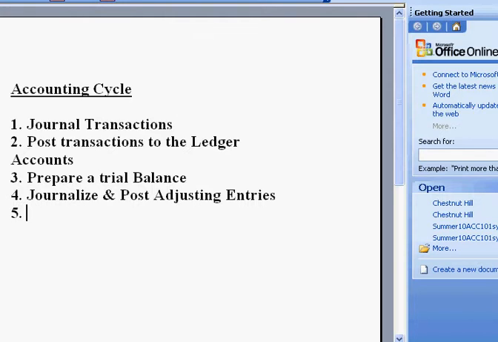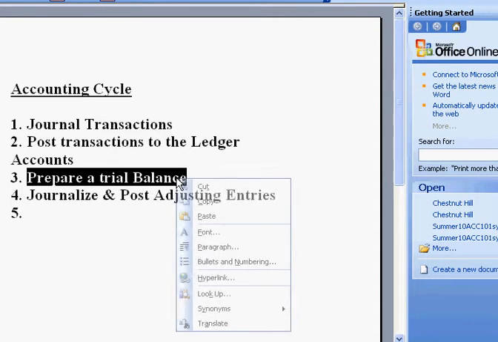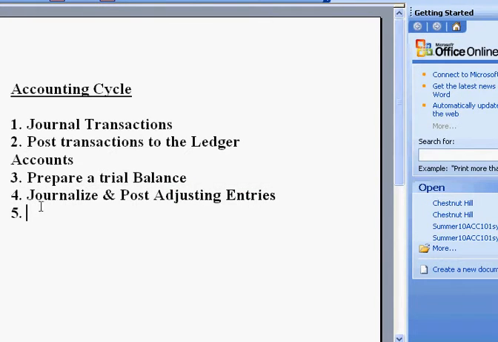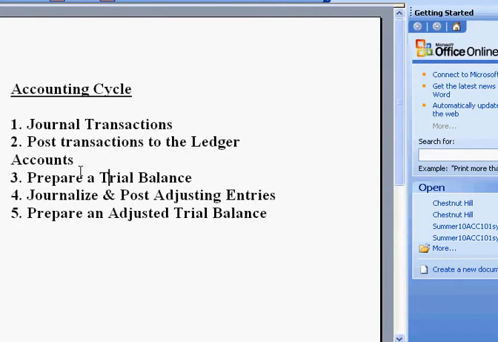Number 5 would be to prepare an adjusted trial balance.